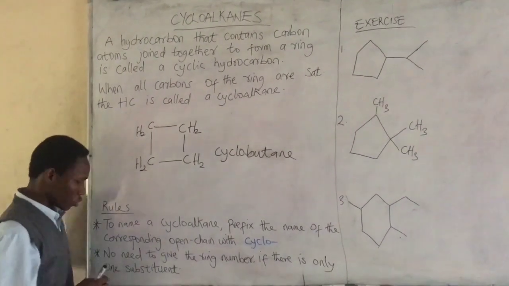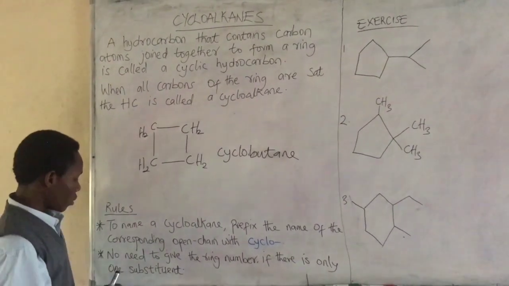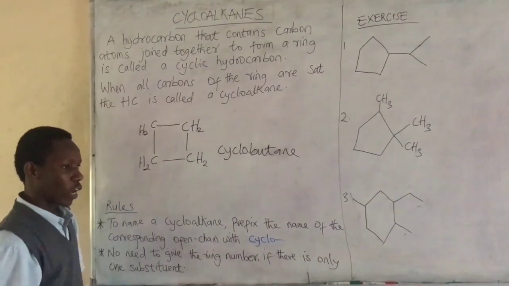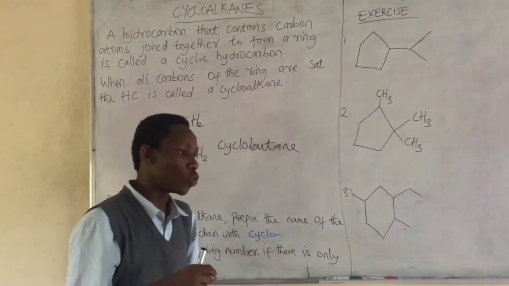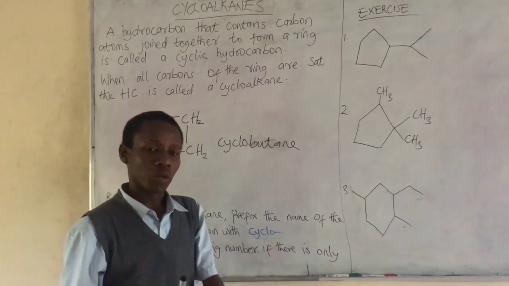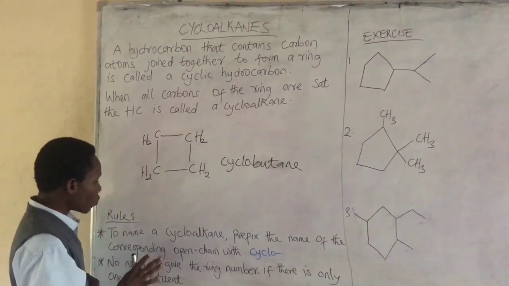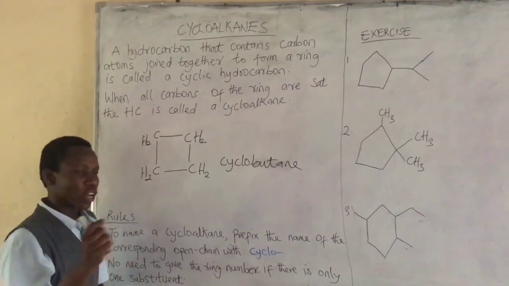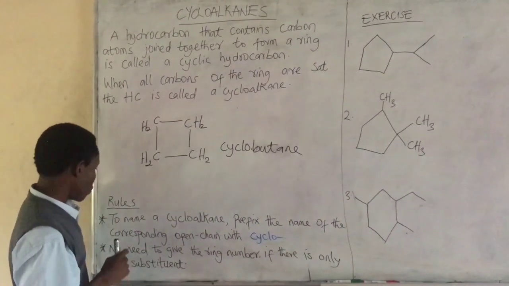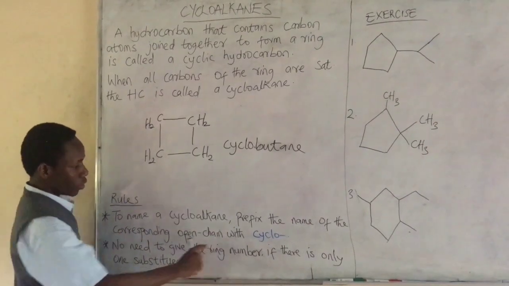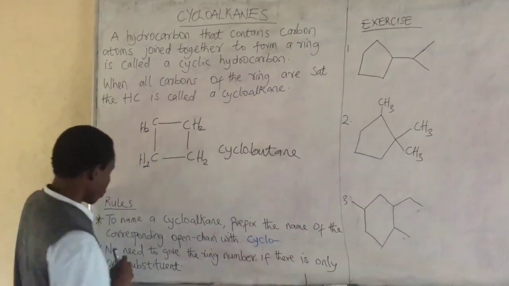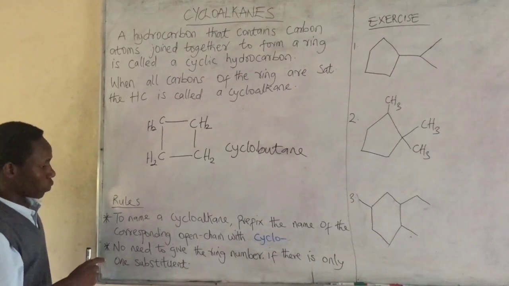So we have basically just 2 rules here. I only brought out these 2 rules because I know that by now we should be able to know all the rules that govern IUPAC what? Nomenclature. But apart from those rules, these are the extra rules we need to know, join together with what we know already. To name a cycloalkane, prefix the name of the corresponding open chain with what?